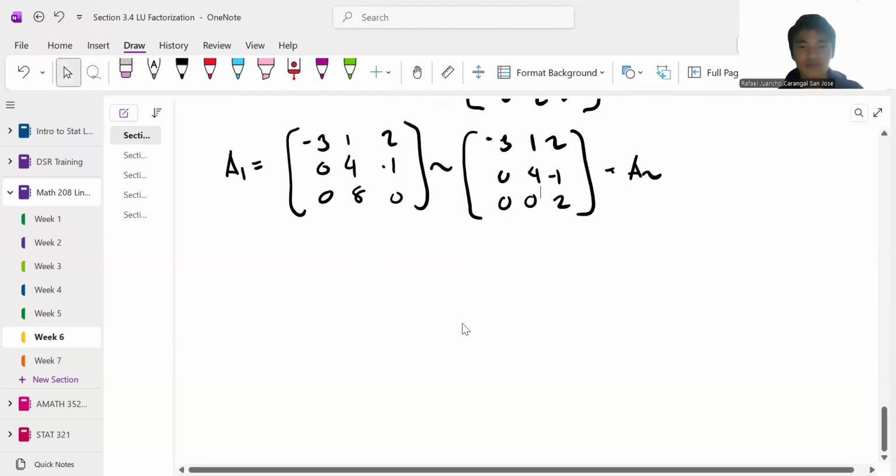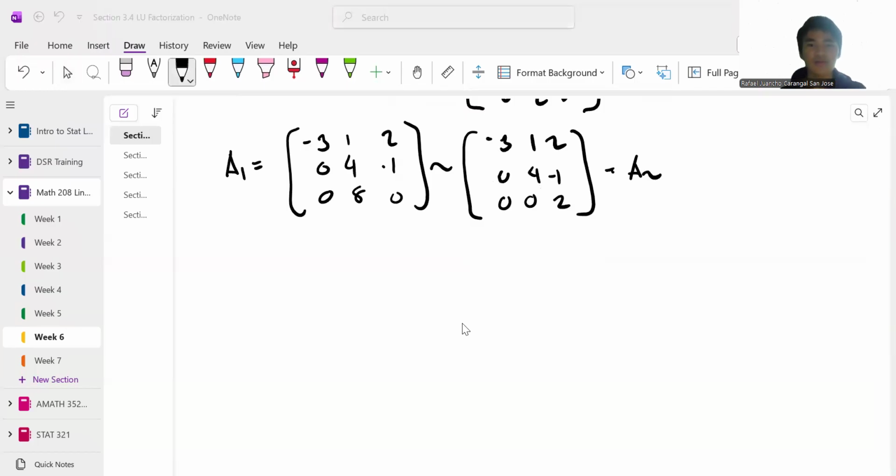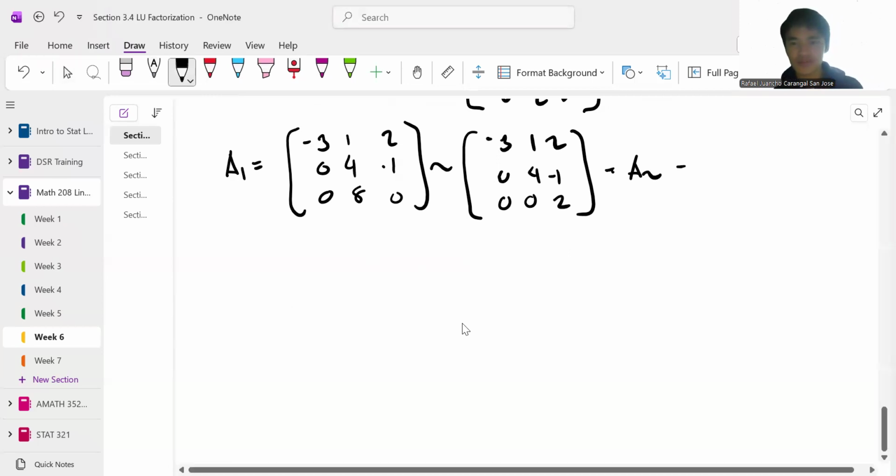This right here is a negative. So now that the original matrix is in echelon form, it is upper triangular. And the two small items remain. Okay. First, we set U equal to A2. This thing is equal to U. That's the U matrix.